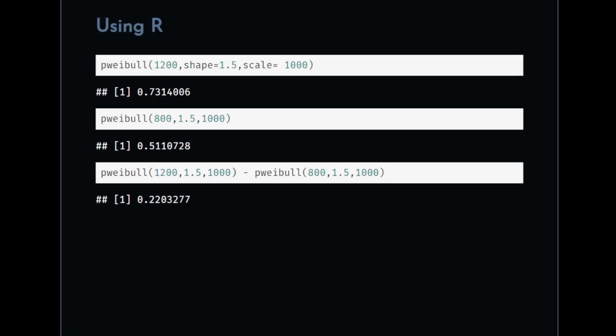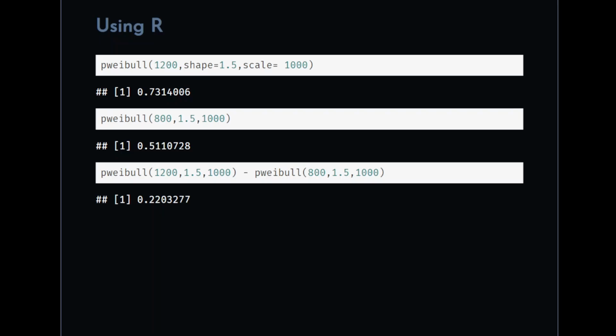Just as a quick remark, I'm going to introduce some R programming language. This is how I might use R to solve the second one. In the first instance, we have the cumulative distribution function of 1200 using the shape parameter 1.5 and the scale parameter equal to 1000. The R function is pweibull.